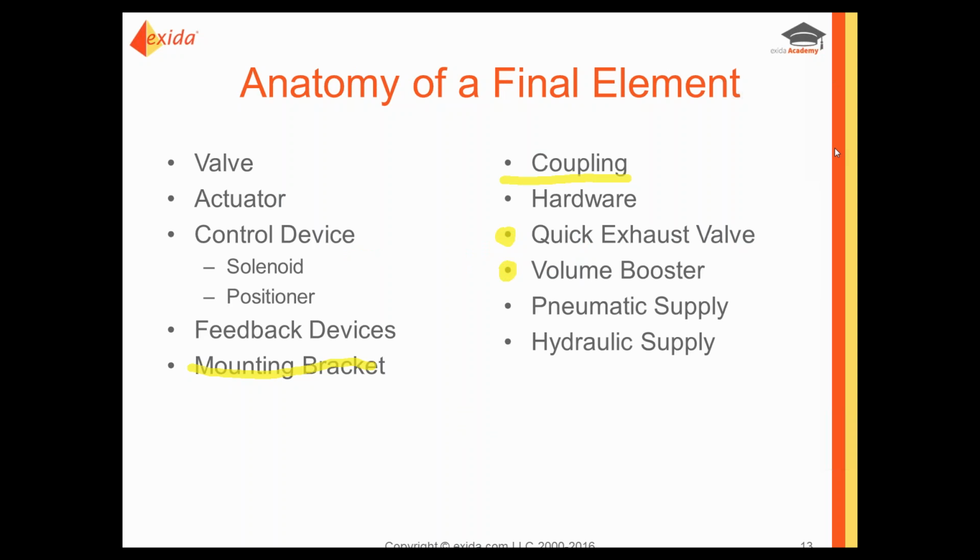And there can be double acting actuators or hydraulic or pneumatic assist return actuators, and in that case the hydraulic supply or the pneumatic supply needs to be considered as well. So a final element can have quite a few things in addition to the valve and actuator.